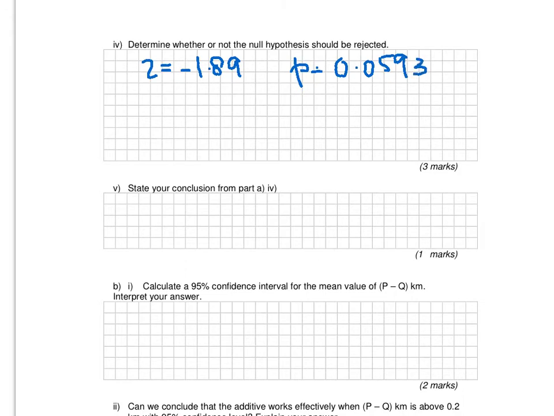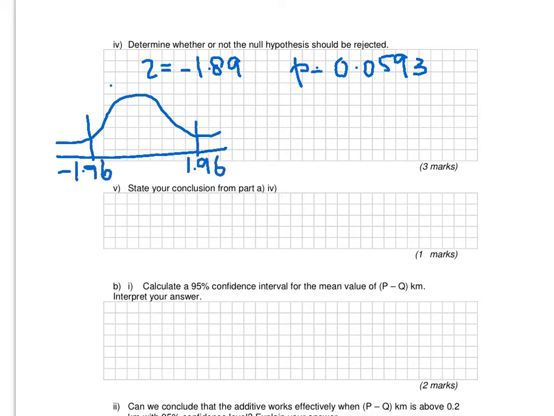If we choose to test using the z-value, the calculated value does not lie within the rejection region, as the rejection region lies less than negative 1.96 or more than 1.96. The value of negative 1.89 does not lie within the shaded region. Alternatively, if we choose to test using the p-value, the calculated value is larger than 5%. Therefore, we can come to the conclusion that H0 is not rejected.